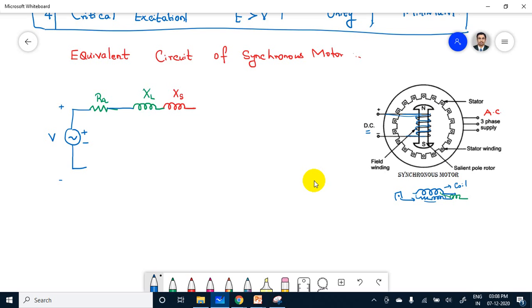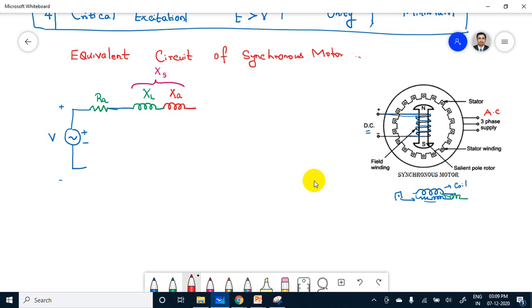So the combination of XL and XA, sorry, this one will be the armature reactance, XA.